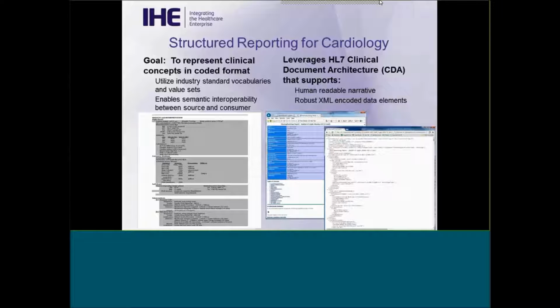It supports both the provisioning for narrative text, so that we can still generate that textual-like report that clinicians are used to, but also a semantically equivalent encoding of that narrative content through coded vocabularies of the various concepts, represented in an XML format that can then be exchanged and computably parsed by electronic systems throughout the healthcare continuum, not just in the hospital, not just in the cardiology area, but throughout the enterprises and across enterprises, for use for the patient throughout the care continuum. Next slide, please.